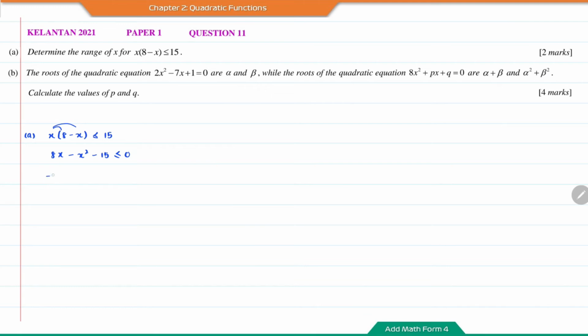Next I'm going to rearrange this in the form of ax squared plus bx plus c. So here the a is negative 1. So I'm going to divide every term by negative 1 so that I have a as a positive number, so that I can factorize this easily.